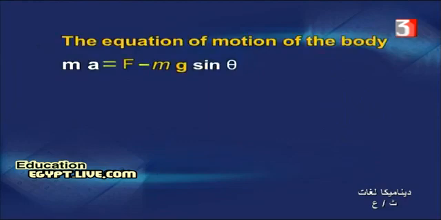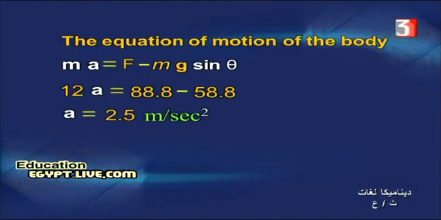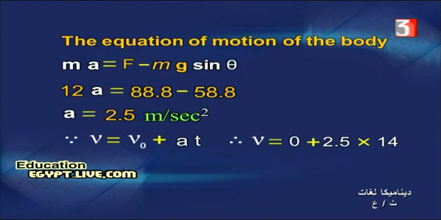Another example. The force acts in the direction of the line of greatest slope upwards along the plane. Now we have two cases. 30 times 9.8 times sine 30 equals 147 Newton. Then F is bigger than mg sine theta, so the body moves upward along the plane with a uniform acceleration a.